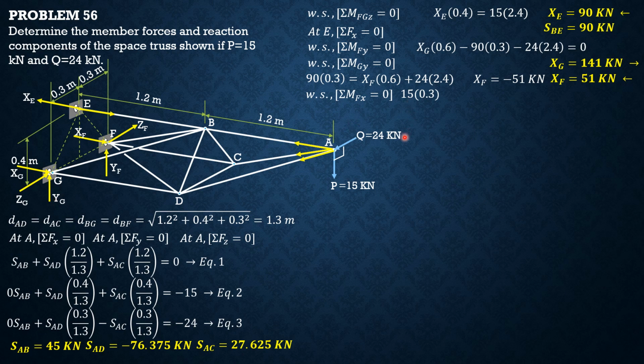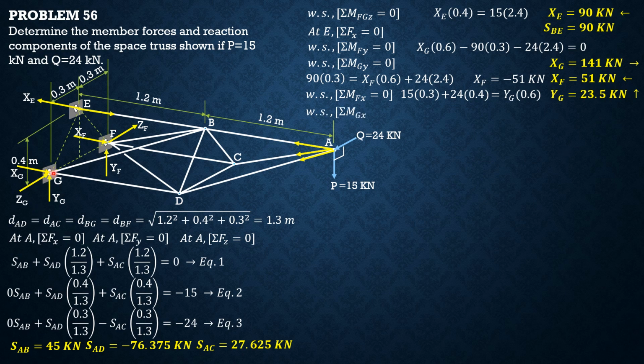So 15 times 0.3, because this is the plane of 15, so 0.3 is its distance from FX, from this axis here, plus 24 times 0.4. The X axis is below, so 0.4. Then equals YG times 0.6. So YG is 23.5 kilonewtons upward.